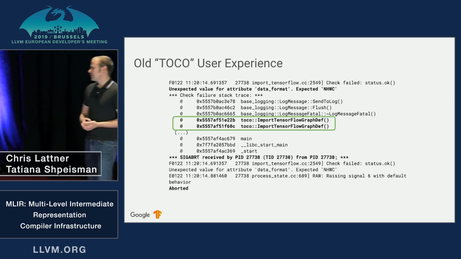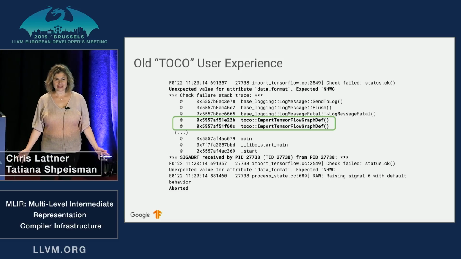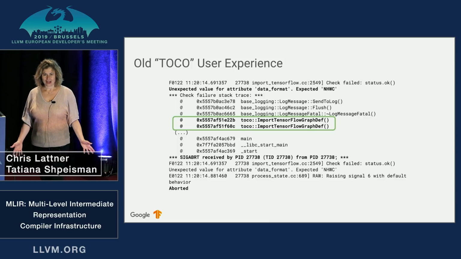Yes, and this is my favorite slide, because when you tell people MLIR, they're like, what is that MLIR thing? Why should I use it? What does it do for me? Well, this is what it does. This is the TensorFlow to TensorFlow Lite converter, which is in use today.